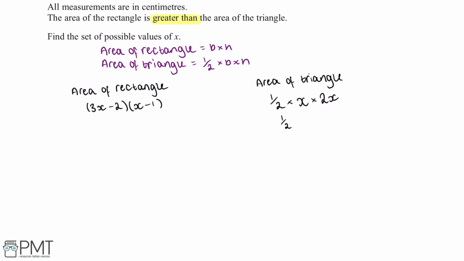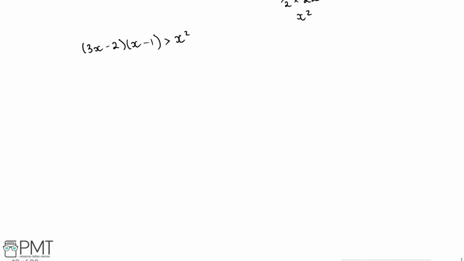And we can simplify this down to a half multiplied by 2x squared, which we can again simplify down to just x squared. Now the next thing we need to do is form an inequality for these two areas. So we can write that 3x minus 2 multiplied by x minus 1 is greater than x squared.